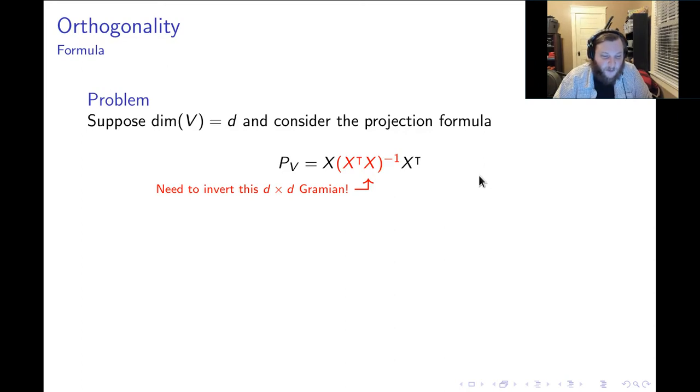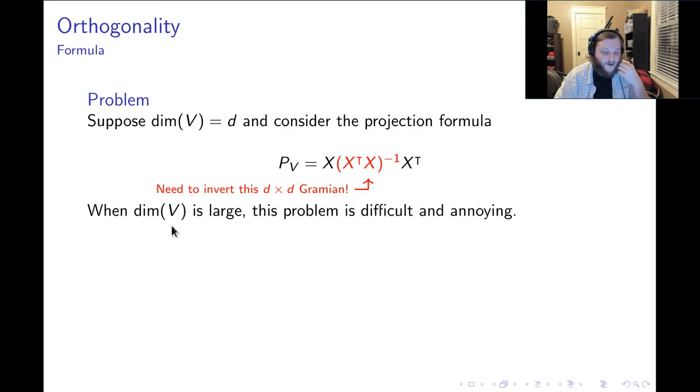The difficult part of this problem is inverting the gramian of x, which for a d-dimensional space is a d by d matrix. So that's a tough problem. As d grows, if the space is very large, it has large dimension, calculating this projection matrix is not so easy. So when the dimension is large, the problem of projecting is difficult and frankly kind of annoying.